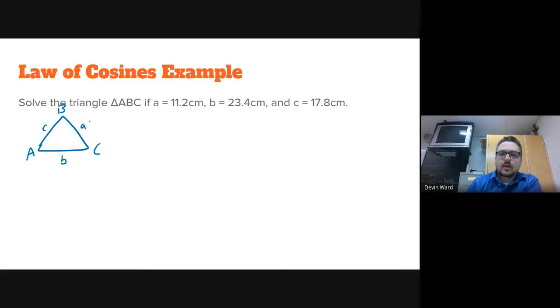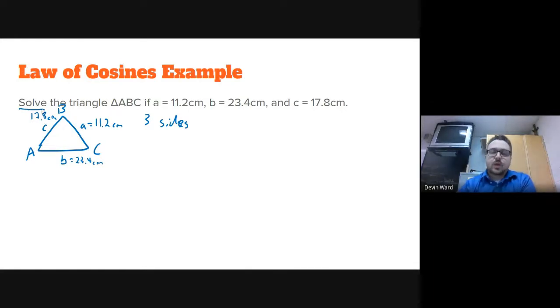Okay, so a equals 11.2 centimeters, b equals 23.4 centimeters, and c up here was 17.8 centimeters. So we have three sides, and we have to solve for all of them because we want to solve the triangle.